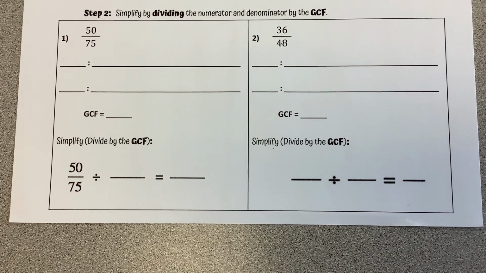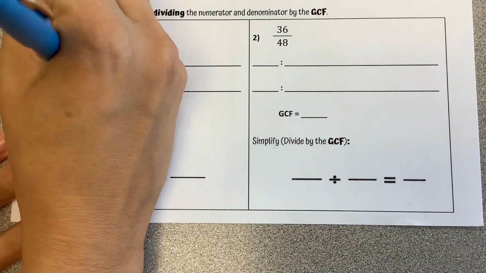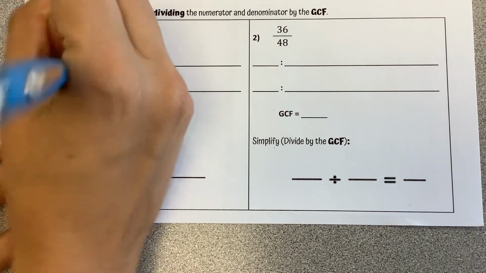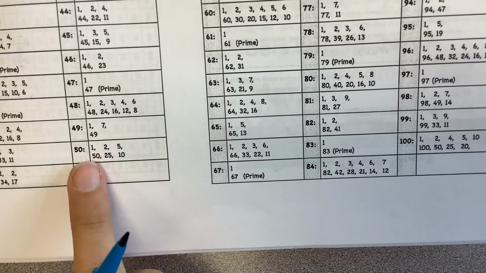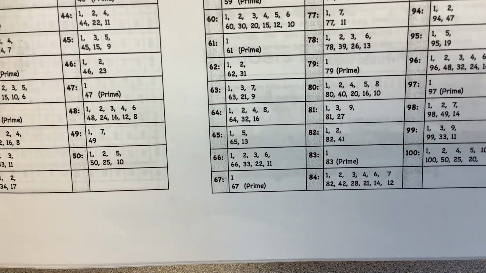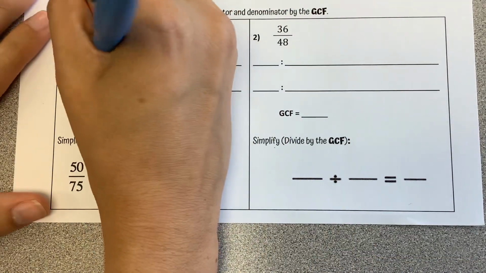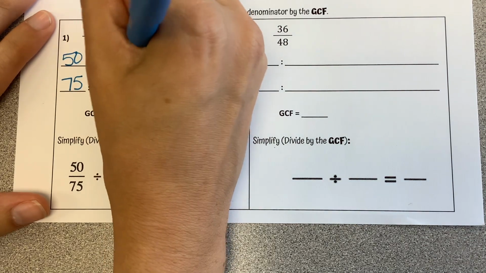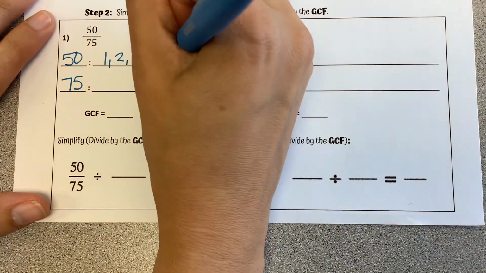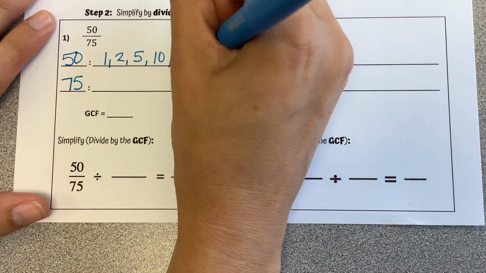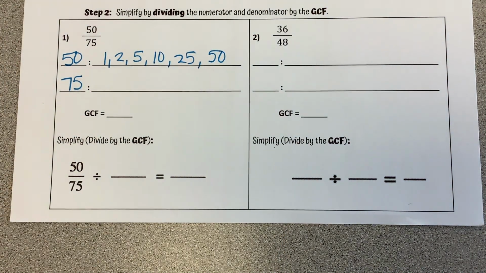So if we've got 50 over 75, I'm on my factor chart finding 50, and I'm going to write down all of those factors. So 1, 2, 5, 10, 25, 50. Same thing for 75.